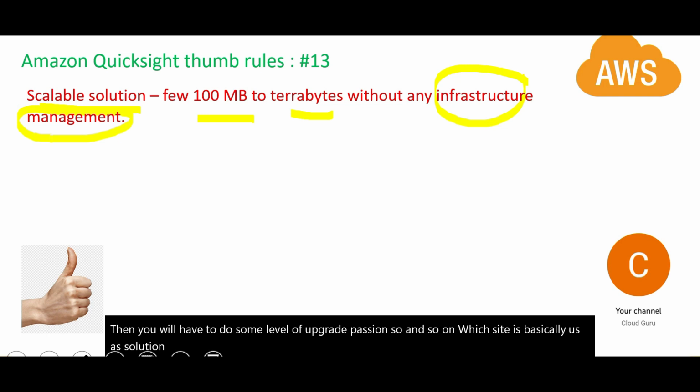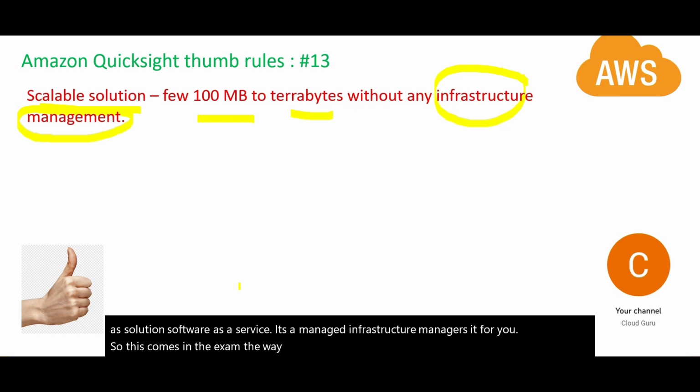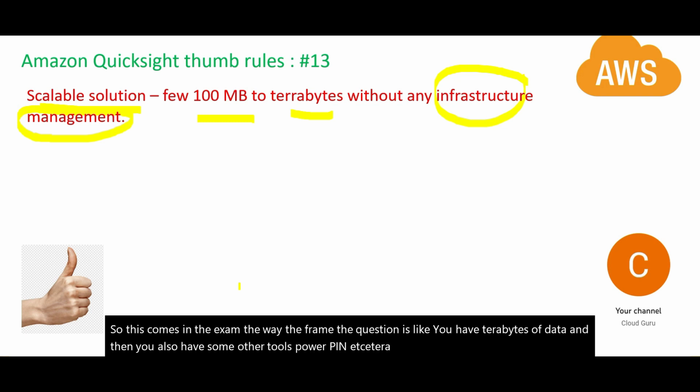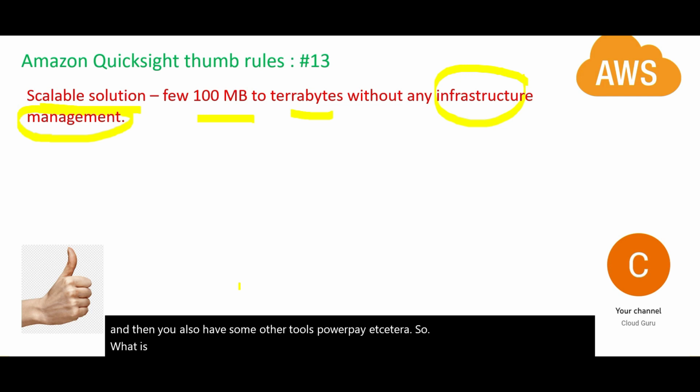It's a managed infrastructure. AWS manages it for you. So this comes in the exam. The way they frame the question is like you have terabytes of data, and then you also have some other tools like Power BI and so on. So what is the choice of the tool and why?